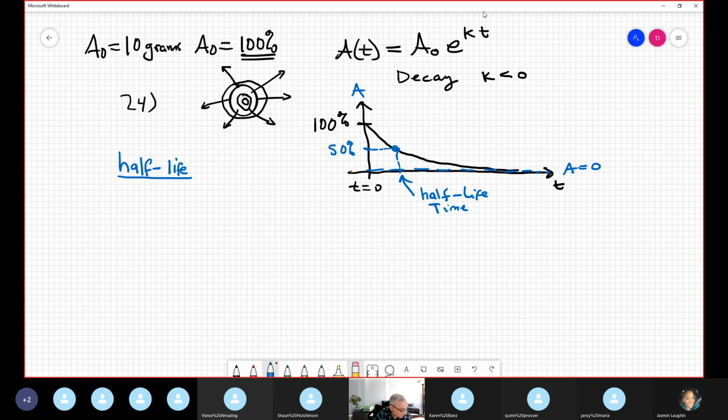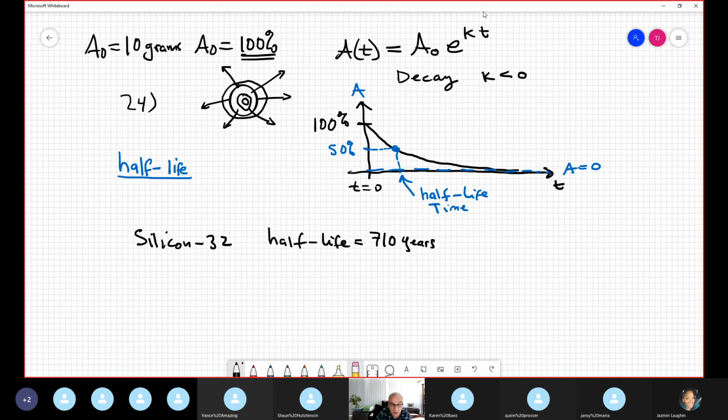24 is talking about silicon, the half-life of the silicon. Silicon 32. This is the name of the chemical element. The half-life is equal to 710 years. Wow, too slow.